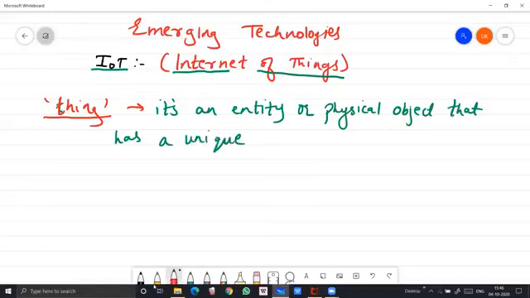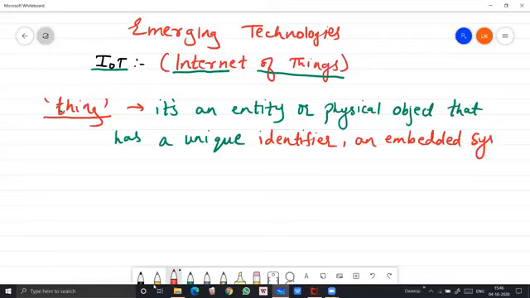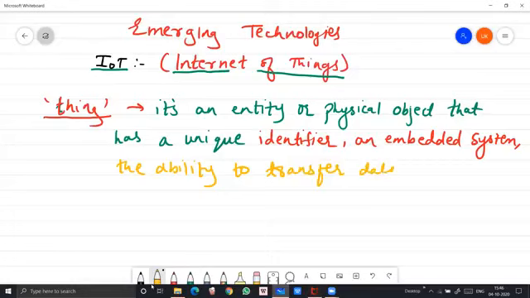It's an embedded system, and it has the ability to transfer data over a network.